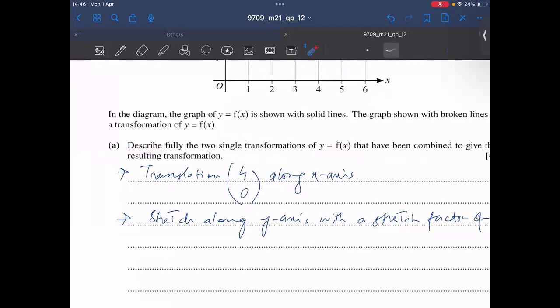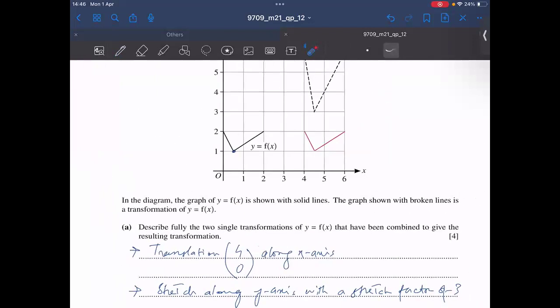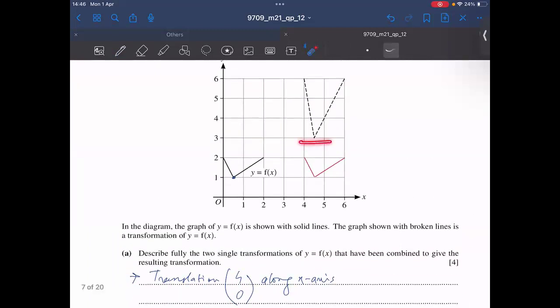All right. If they would have asked you to write down the final function, what would be the function, in terms of f of x of this graph, then you would have written down f of x minus 4.